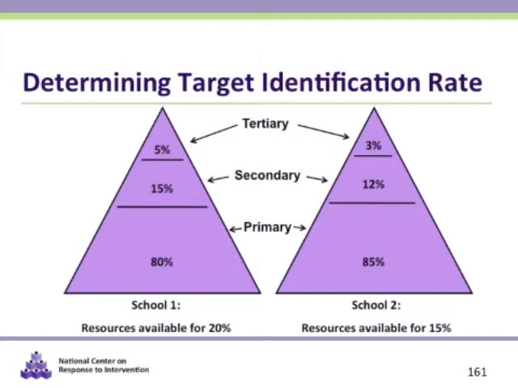Regardless of a school's target identification rate, if more than 20% of the student population is identified as at risk by the cut score, the focus should be on improving core curriculum and instruction. The district should help identify resources available and help schools in figuring how to allocate those resources.